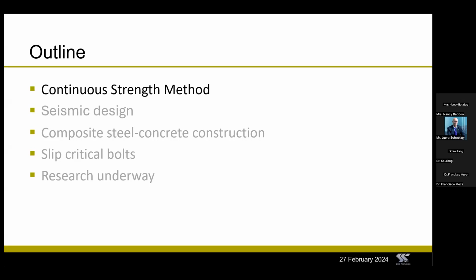And then I'm going to tell you about the situation with the seismic design of stainless steel structures. And after that, I'm going to hand over to Nancy, who will talk about the design of stainless steel composite members and slip-resistant connections. To complete the webinar, Nancy will also tell you a little bit about the research on stainless steel, which is currently underway.